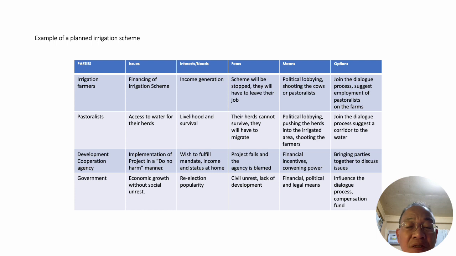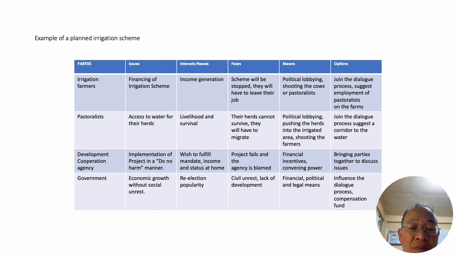So what are the interests and needs of the parties? You can see in the third column the different interests and needs. The irrigation farmers are more interested in income generation. The pastoralists are more interested in livelihood and survival.